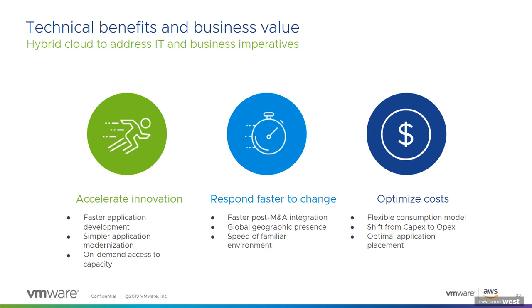So let's talk about the value that we bring with VMware Cloud and AWS. We effectively allow you to accelerate innovation, respond faster to change, and even optimize costs throughout your entire infrastructure. So with accelerate innovation, you've got the flexibility to rethink the applications effectively in a whole new light.